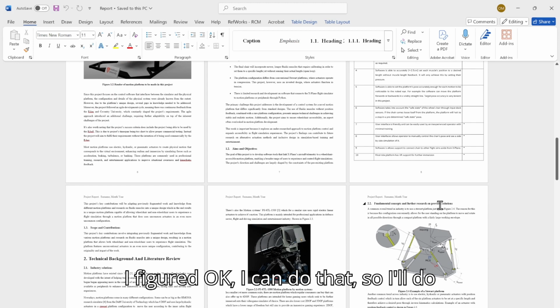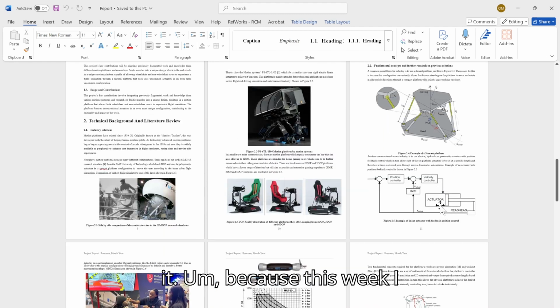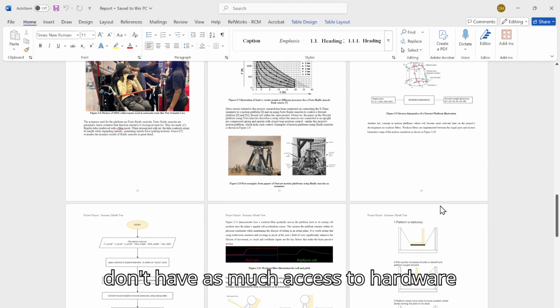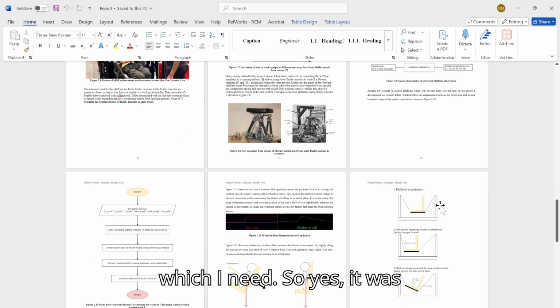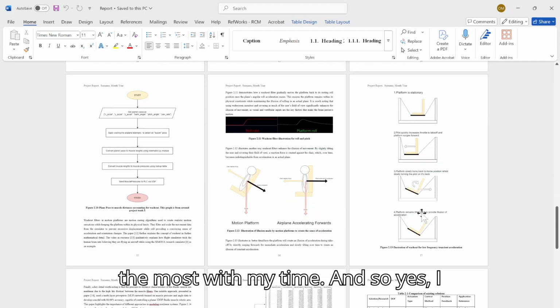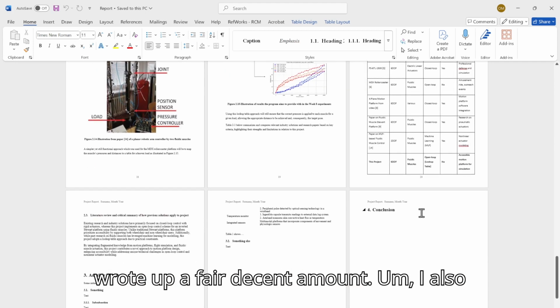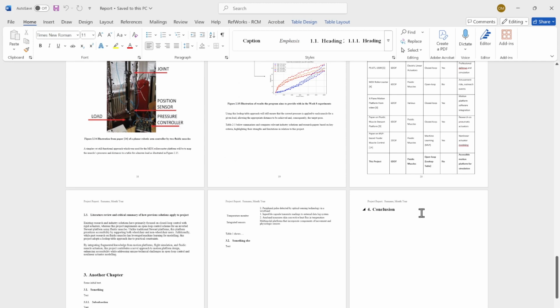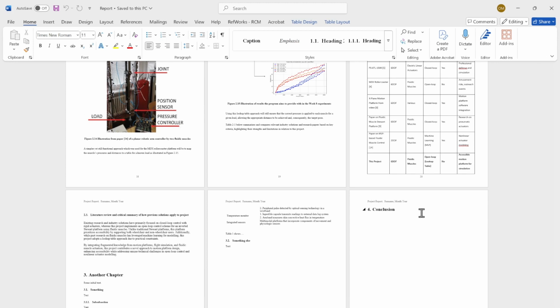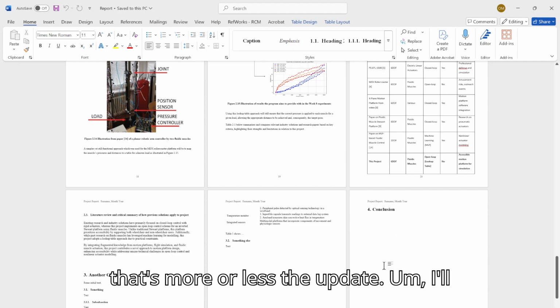I figured, okay, I can do that, so I'll do it, because this week I don't have as much access to hardware, which I need. So this was a way of making sure I do the most with my time. I wrote up a fairly decent amount. I did the initial draft of the literature review, which I'm currently reviewing with one of my other supervisors. And that's more or less the update.